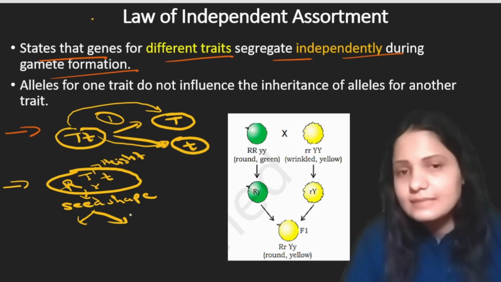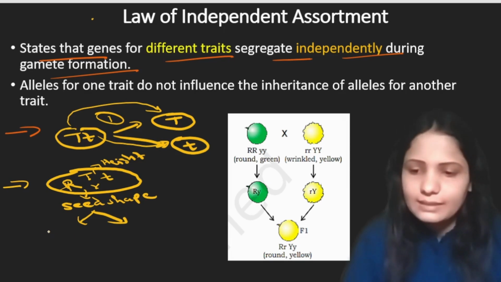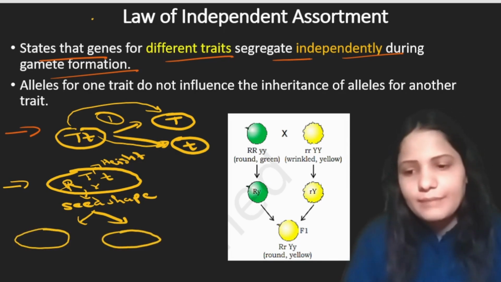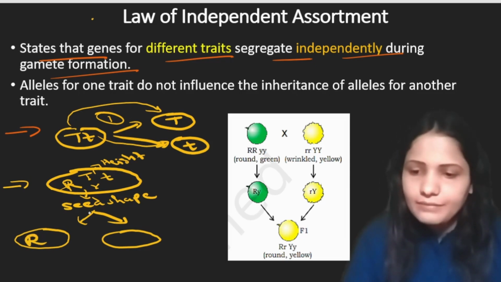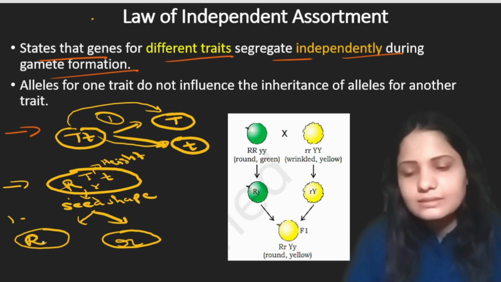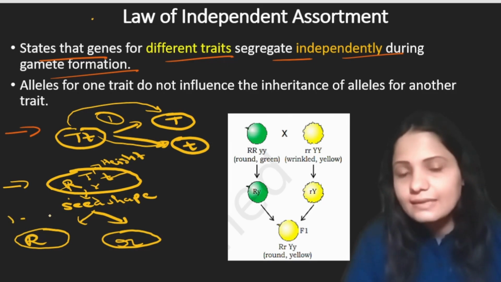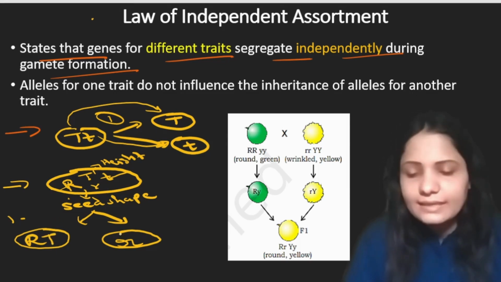So how will they separate? They will be separated the same way. Let's say two gametes are formed from this cell. In one gamete we will have R, in the second we will have small r. We have separated one trait into gametes. Now it's the turn of the second trait. How will this second trait separate? In the same way. One will enter this gamete, and the second, small t, will be transferred to the other gamete.